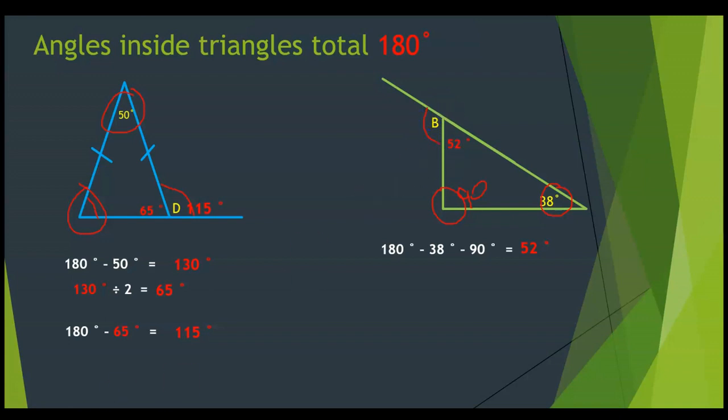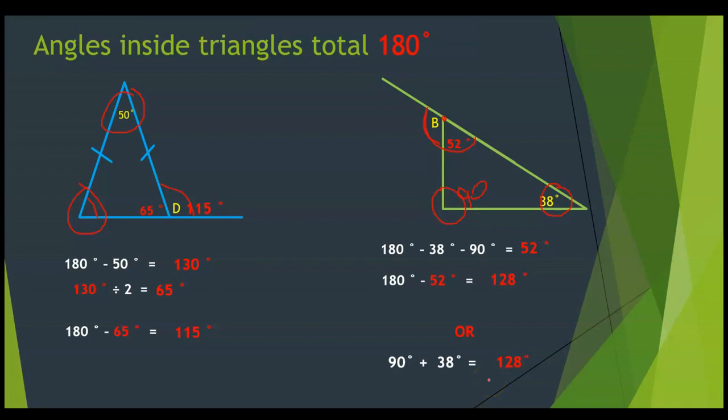Why? Because both of them, as we said, are angles on a straight line. These two together are angles on a straight line. They meet at this vertex here, so both of them must be 180 degrees. So 180 minus the 52 equals 128 degrees, or I can just get it by adding the 90 and the 38, which is 128.